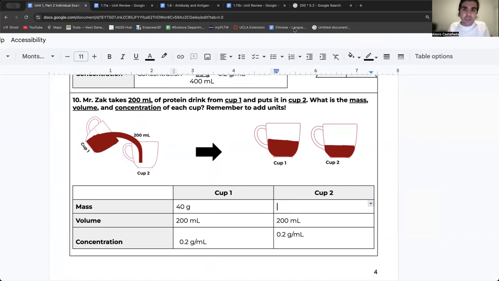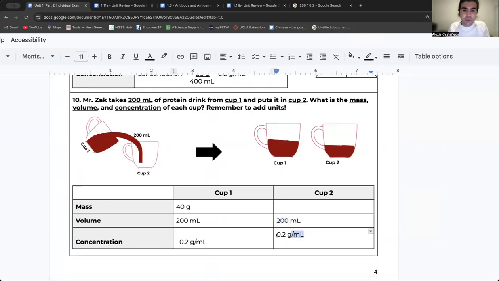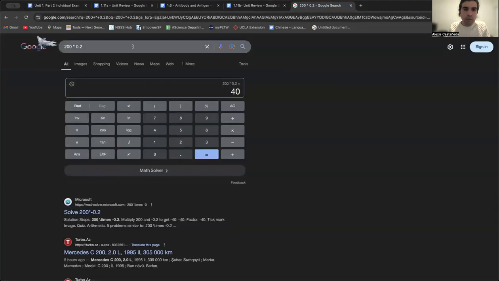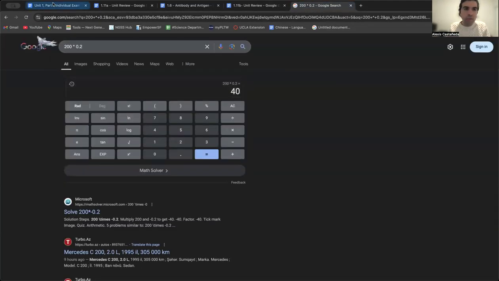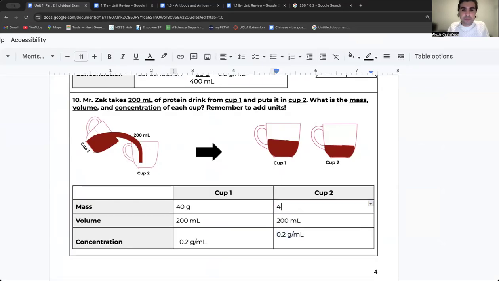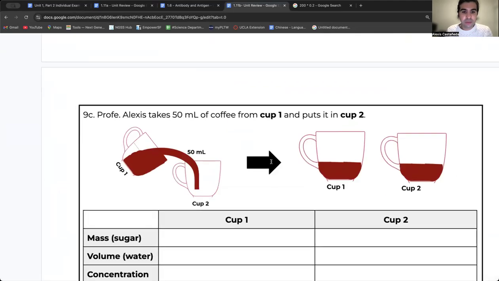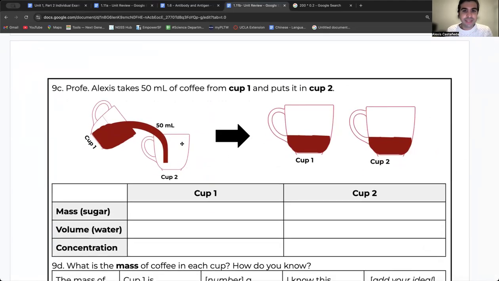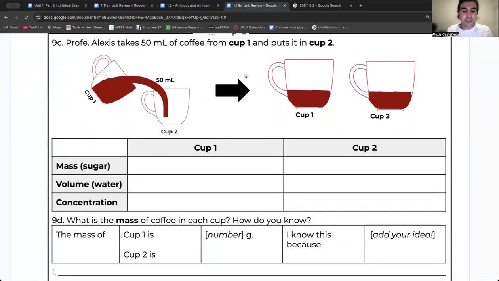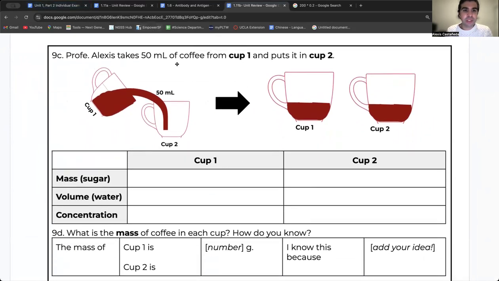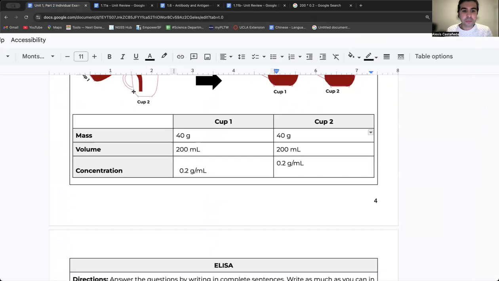For the second one, it's the same: 200 milliliters times 0.2 is 40. Again, 40 grams. We actually did this exact same problem in our question set, number 9C. If you look at 9C, that will help you understand how this came about.